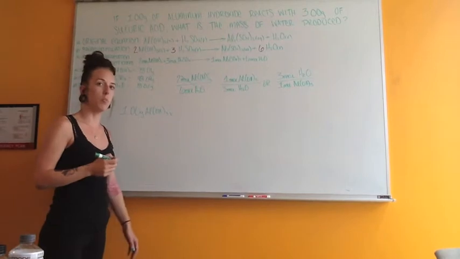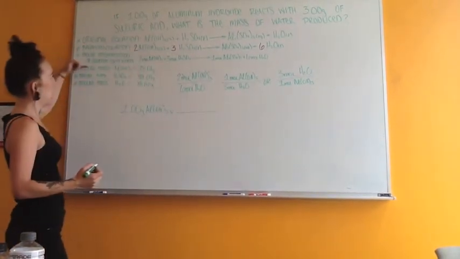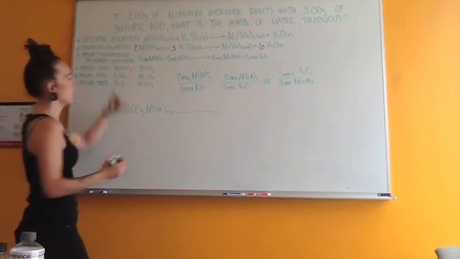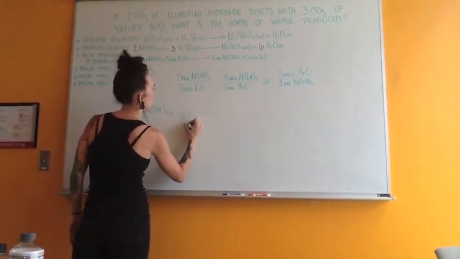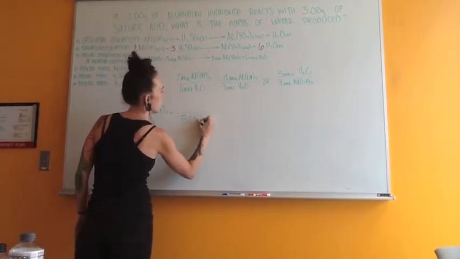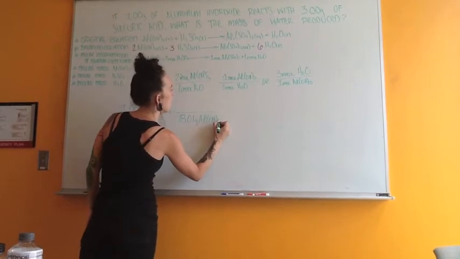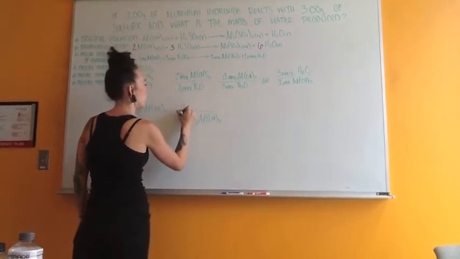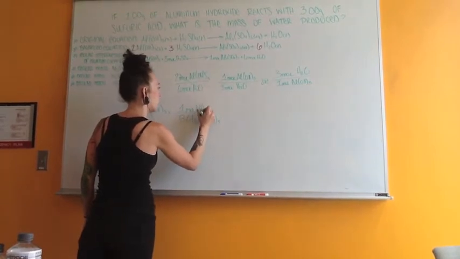So we're going to use the molar mass formula. Our molar mass of aluminum hydroxide is 78.01 grams. We'll put that on the bottom so that it cancels out. And that's going to be 1 mole of aluminum hydroxide.